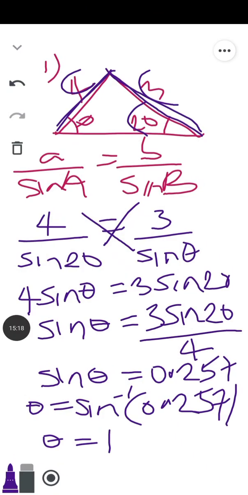That's 14.9 degrees. So that's the angle theta there. Okay, let's write it down. That's the angle there. Very, very easy.